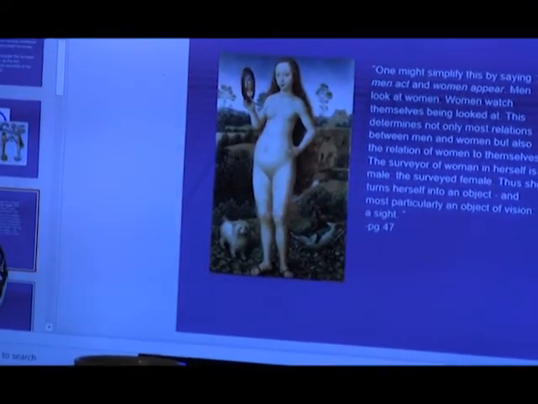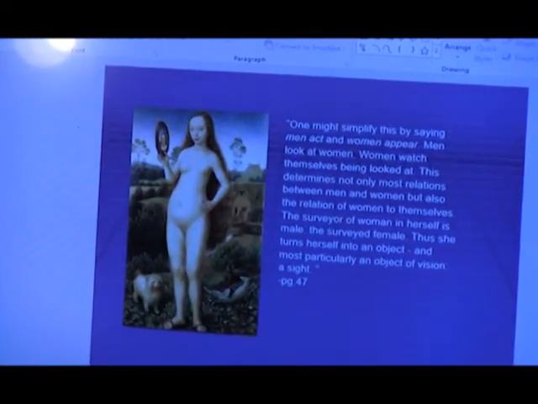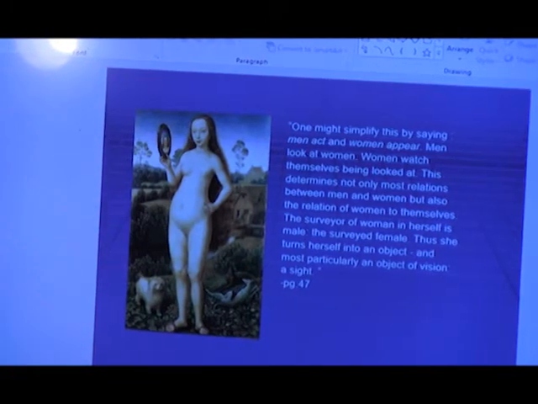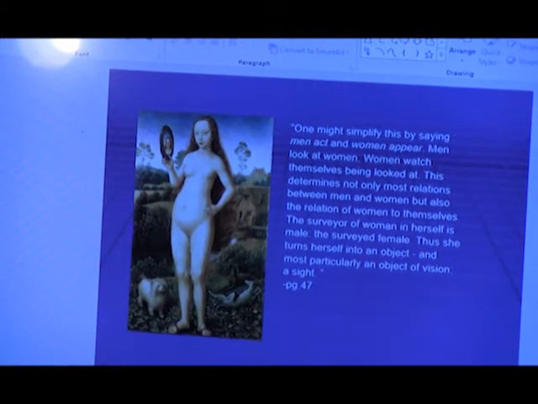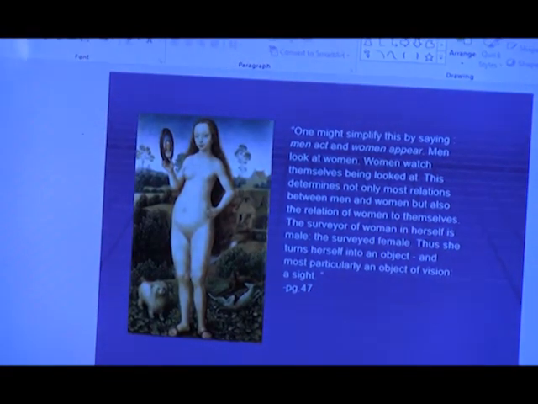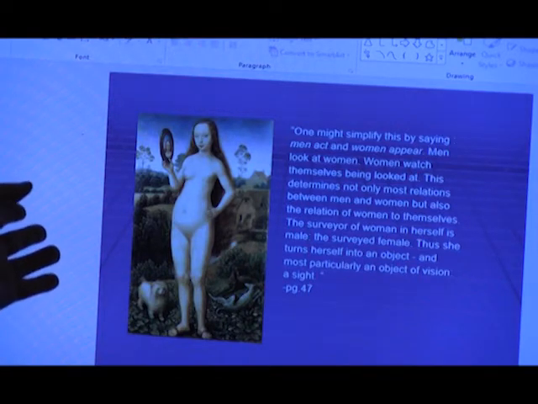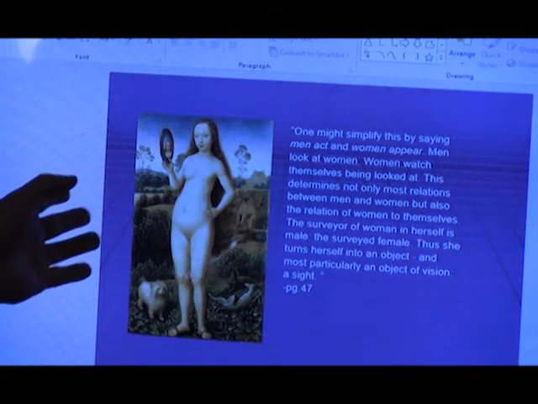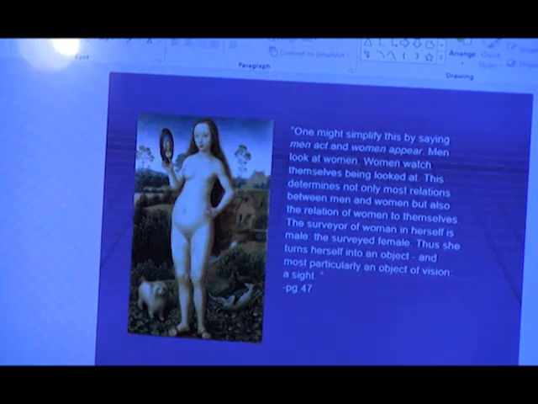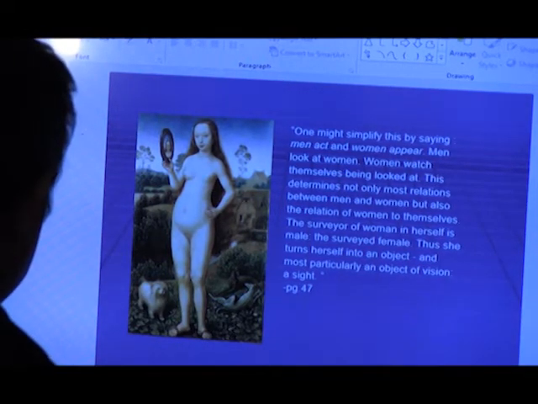Hence we have a painting here from the Renaissance, and we'll talk more about this. We have to remember, and we need to be very, very clear, that 99.9% of these paintings of the female nude are being painted by men, all right? And the assumptions that men make, all right? Here we have a Renaissance painting, woman looking into a mirror at herself, and he talks a little about this, all right?